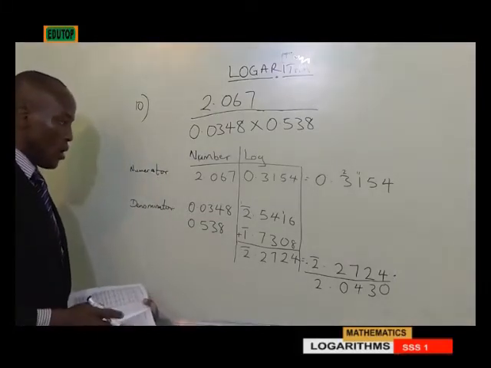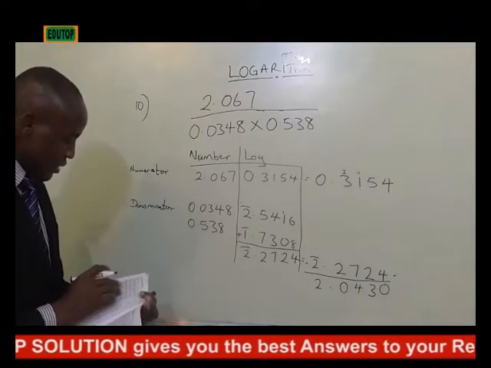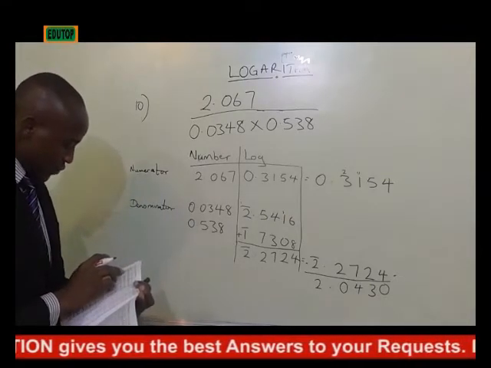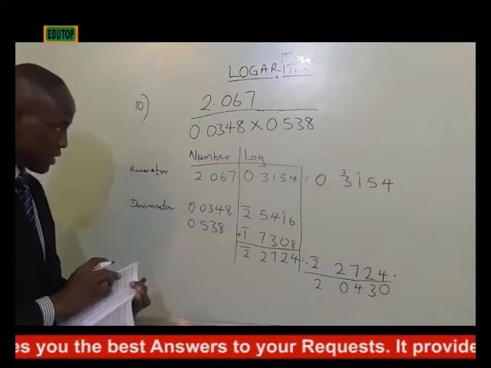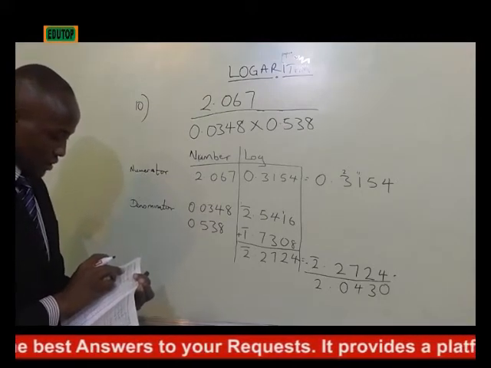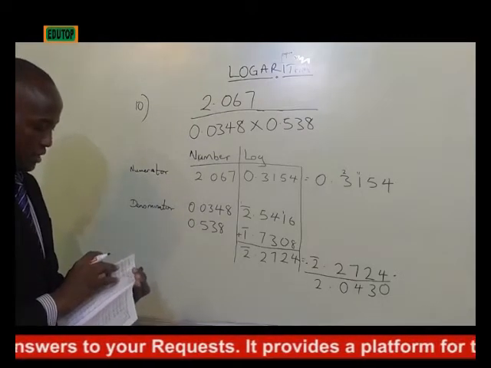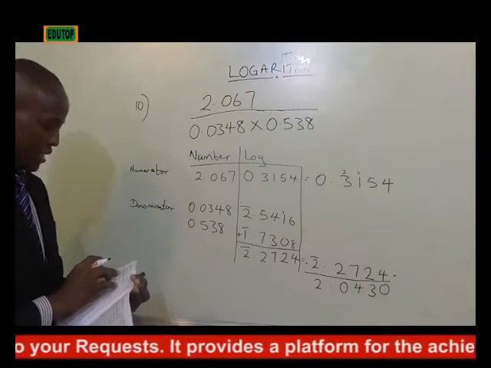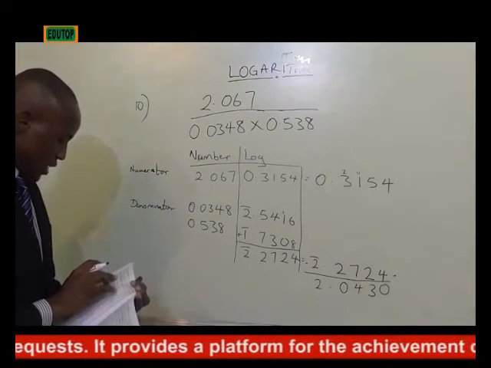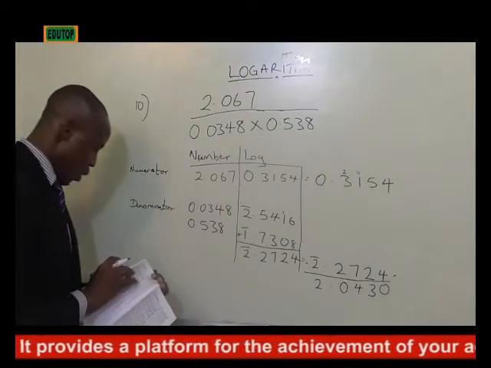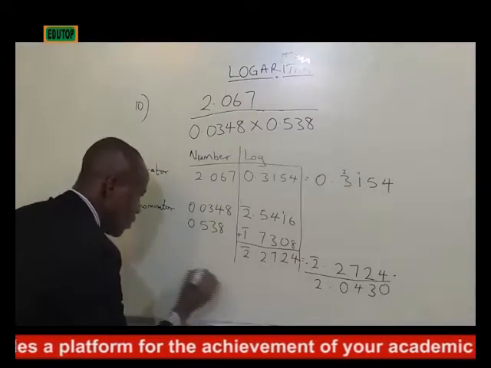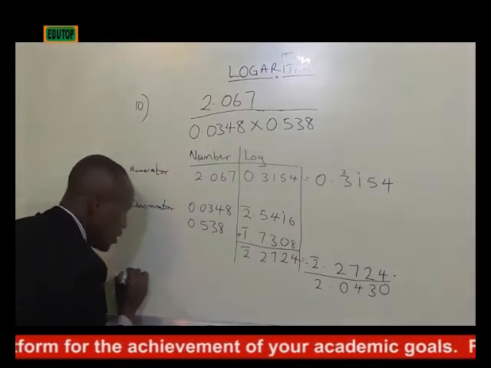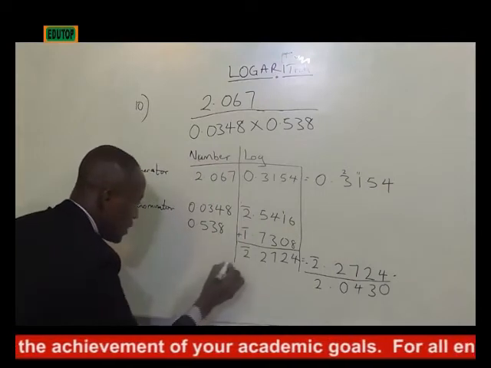So we now look for 0.04 under 3, difference 0, but we don't have any difference at 0. Our difference starts from 1. So what we are having here is 1104, we take an antilog here.